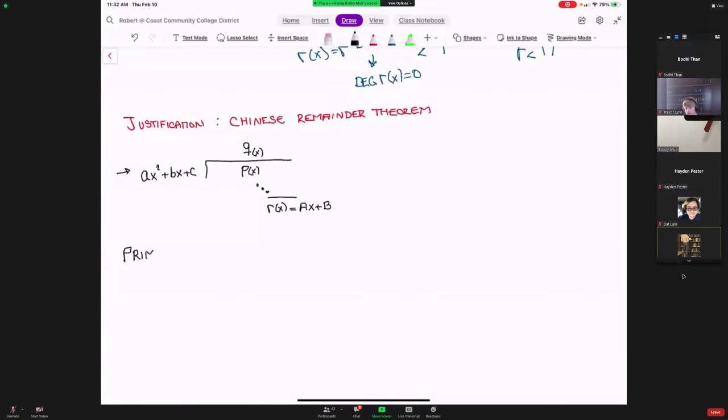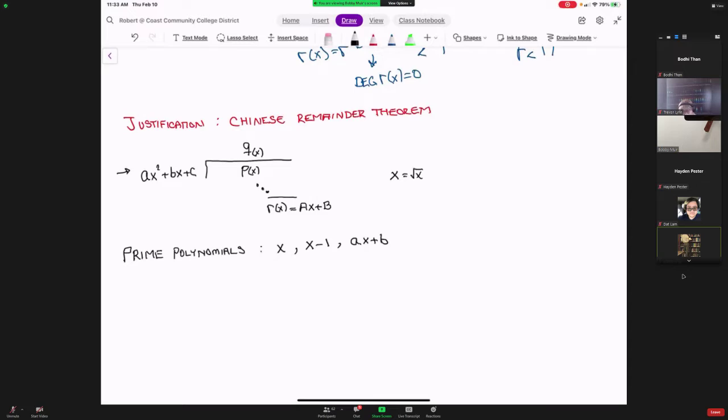We need to identify what are prime polynomials. Polynomials that cannot be factored into smaller polynomials. So for example, x, or for that matter, x minus 1, or for that matter, ax plus b. Now, we can factor x.